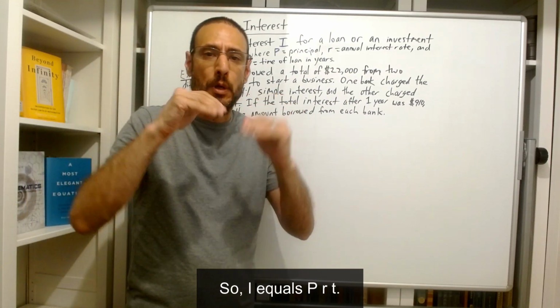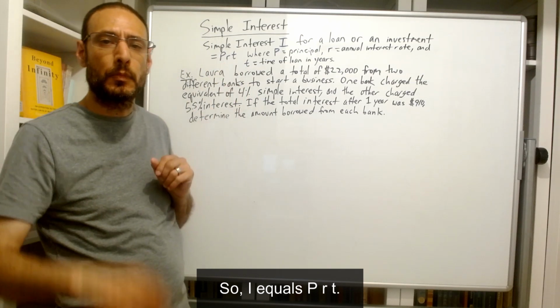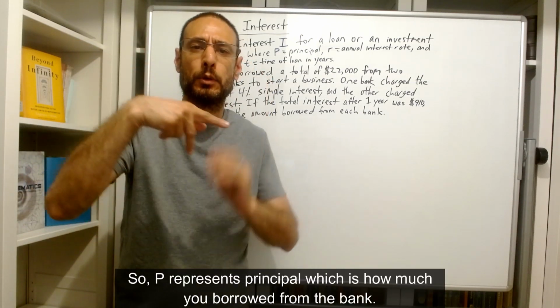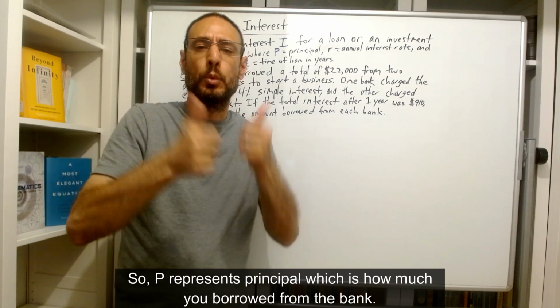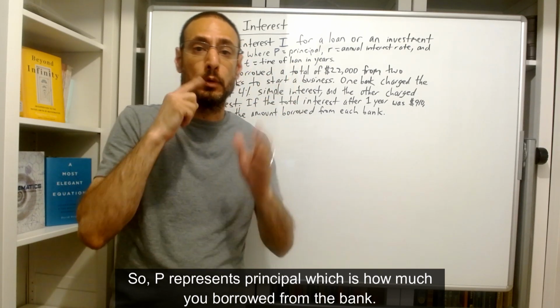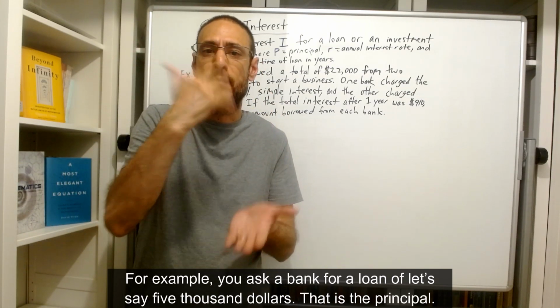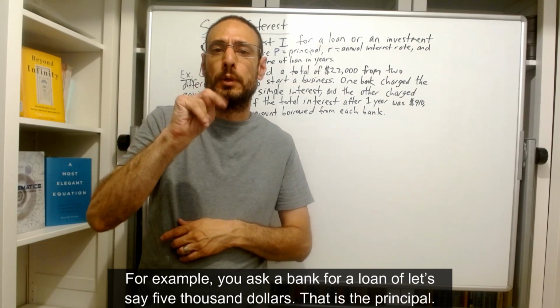So, I equals PRT. P represents principal, which is how much you borrowed from the bank. For example, you ask a bank for a loan of, let's say, $5,000. That is the principal.